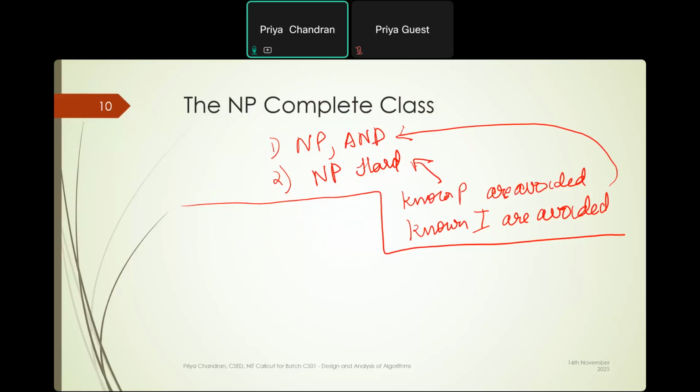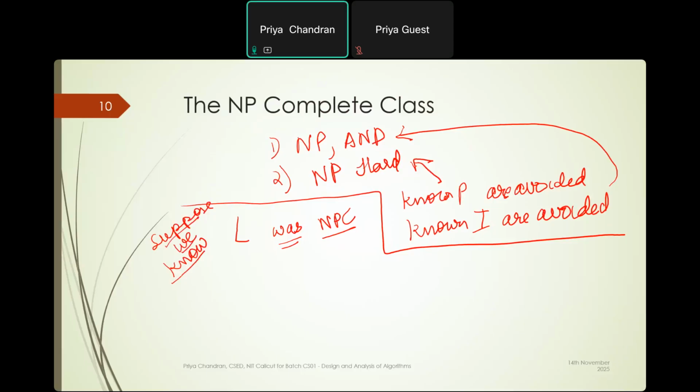So that class is useful in the sense that we'll see what all we can do if we know a problem to be NP complete. Suppose we are somehow able to fix that a problem L was NPC, NP complete.